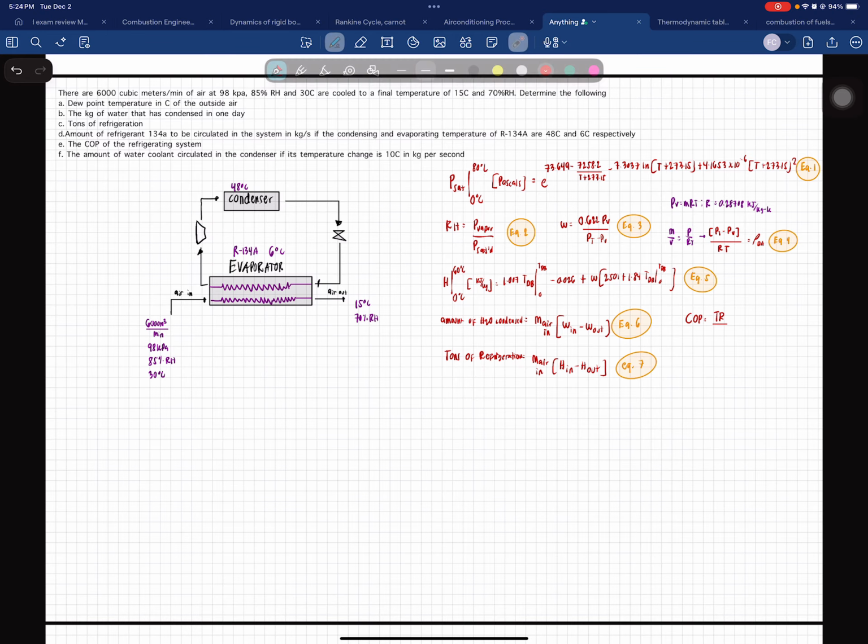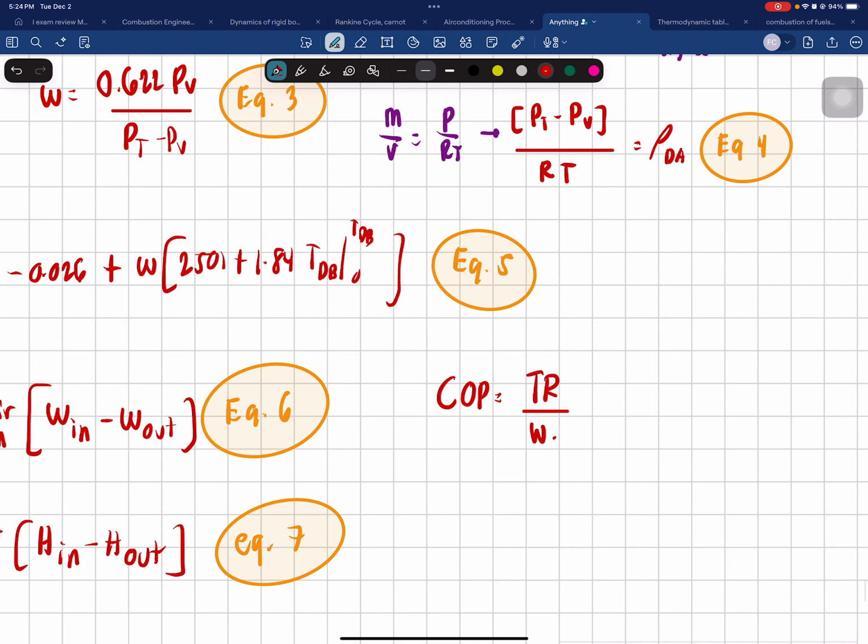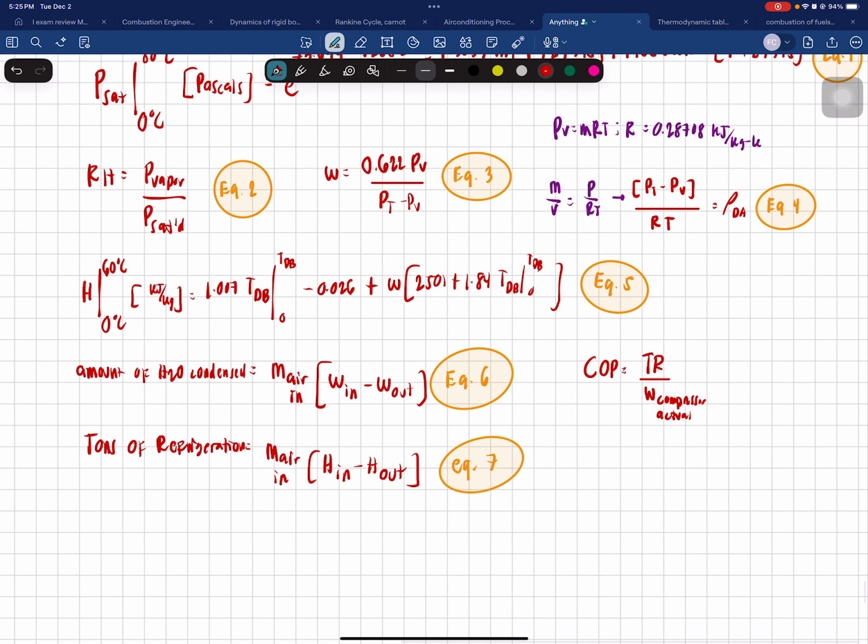Okay, so it's TR over work of compressor actual. Okay, this is our equation 8. What else?